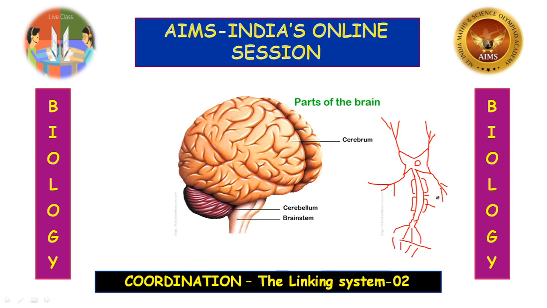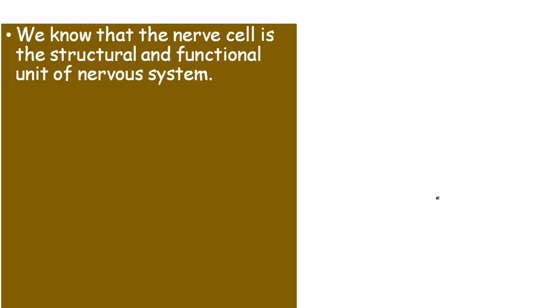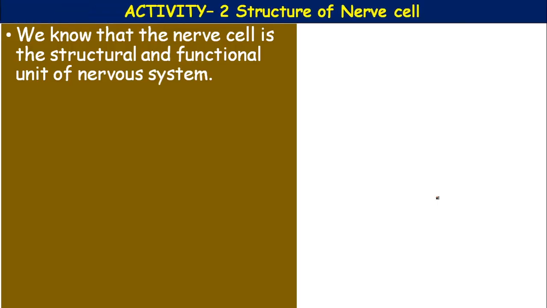Okay, today we are going to study more about the types of neurons. So there are different types of neurons present. So let us proceed. Are you ready, children? The structure of neuron. There is another activity given.